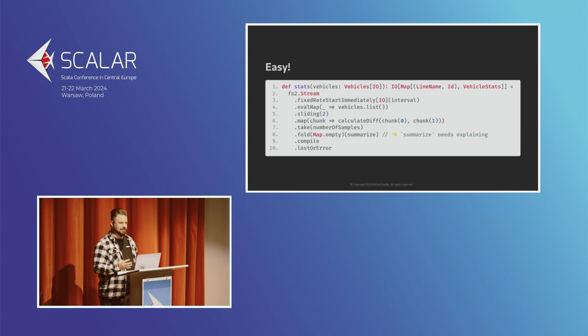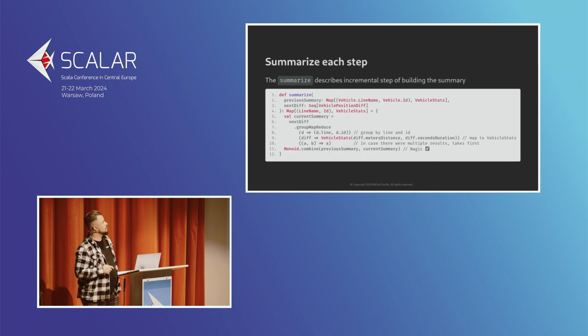Do you recall the fold method? Okay, I guess fewer hands up with FS2, but okay. With fold, we want to go over each value and modify the accumulator based on that. So we start with an empty map, and we execute summarize on this previous value and the diff. The summarize is defined like this.